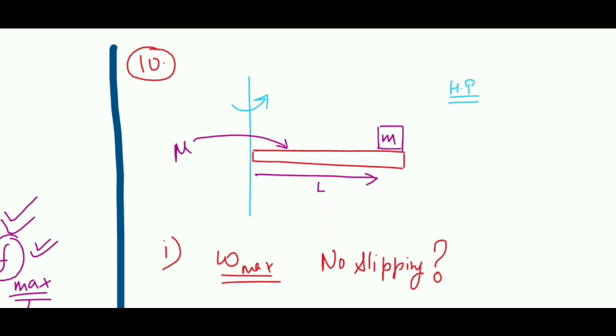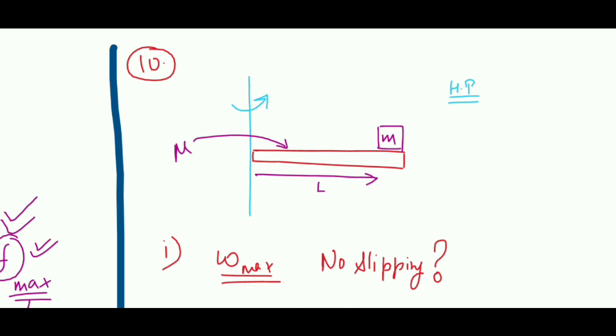So friction this time will try to move the block instead of stopping it. Friction is the force which will give omega to this block M.